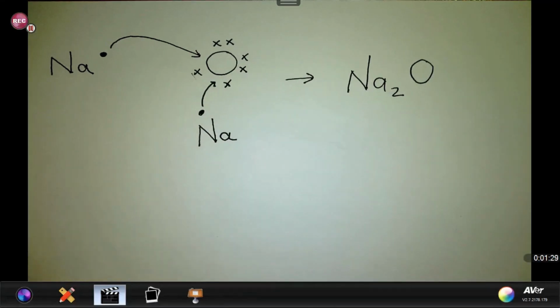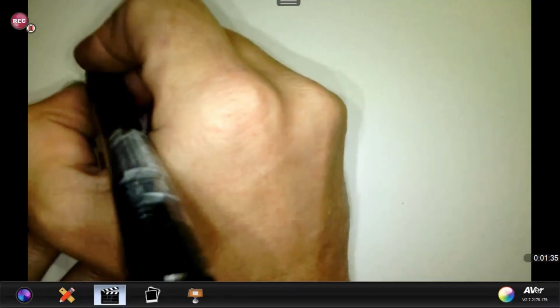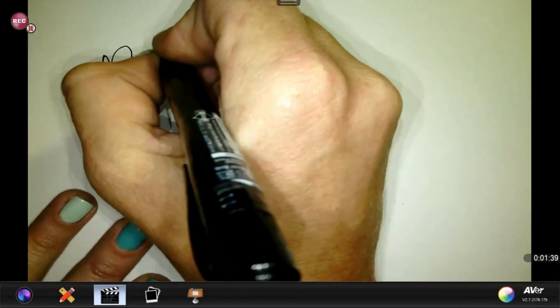If we now look at magnesium chloride, we get a similar situation. So, magnesium is in group 2. It has its 2 valence electrons.